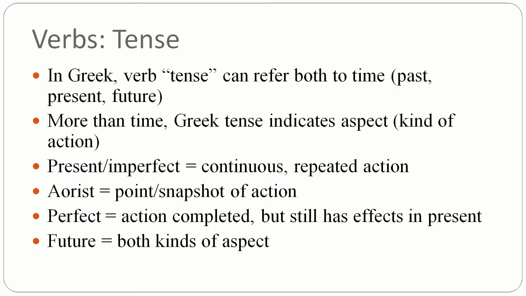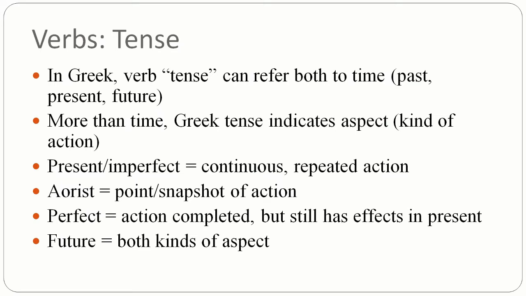One of the most important ones is tense, and this goes across all verbs, whether you're dealing with infinitives or participles or whatever, they have tense. In Greek, you have verb tense, and normally in English, tense is talking about time, whether an action happened in the past, present, future. In Greek, tense is just as important, referring to the kind of action or aspect.